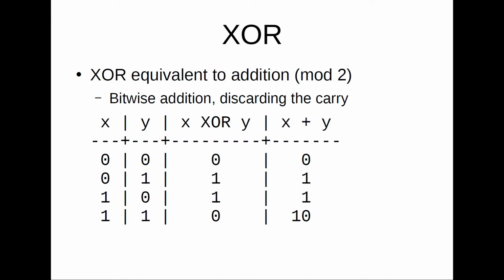But next to it, I also wrote just the addition. 0 plus 0 is 0. 0 plus 1 is 1. And then on the last row, 1 plus 1 is 10, but we discard the carry bit of 1, so it's just 0.